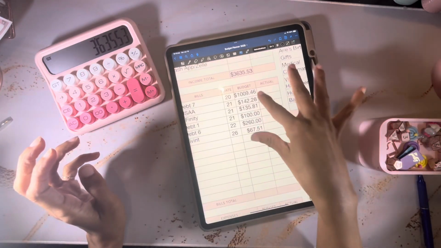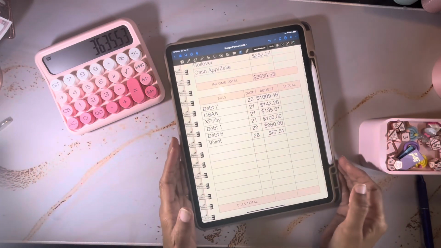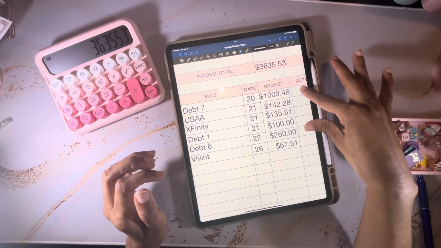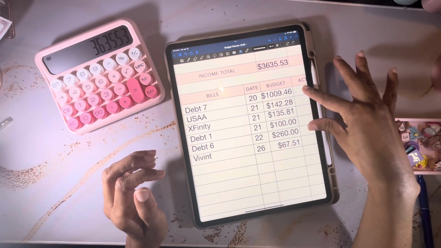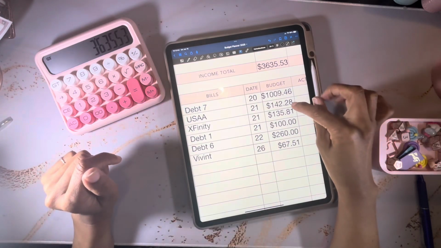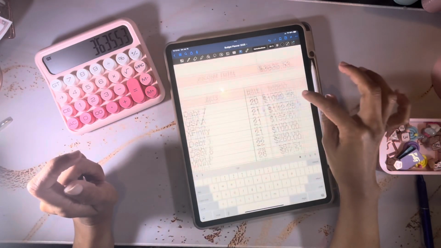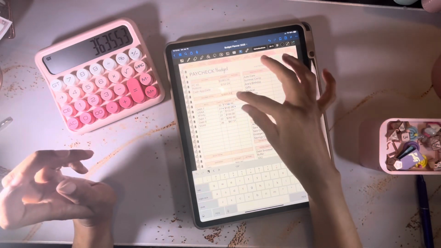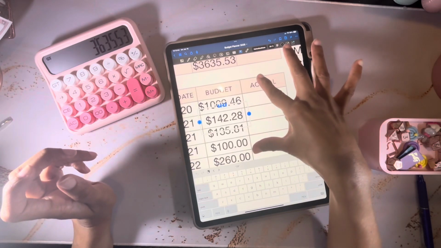Okay, so here are all of my bills that have to be paid with this paycheck for this pay period. And this one, I believe this has gone down. Oh, what happened? Sometimes I don't know why this thing does what it does.